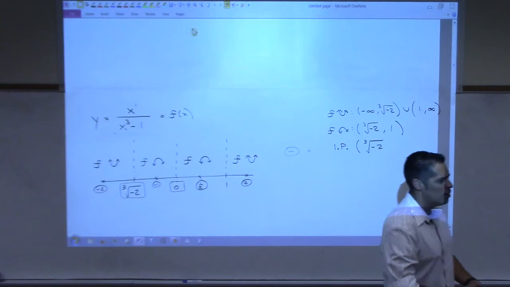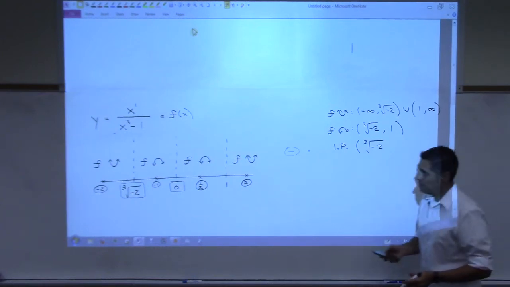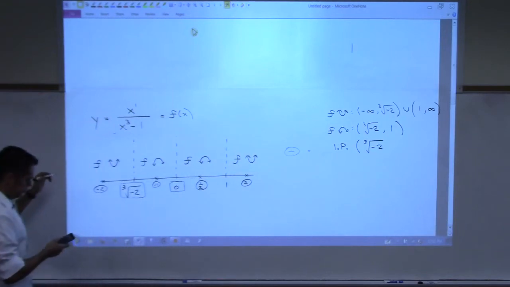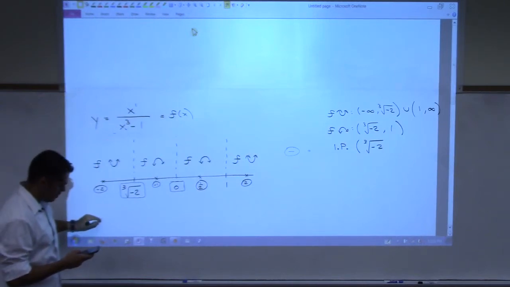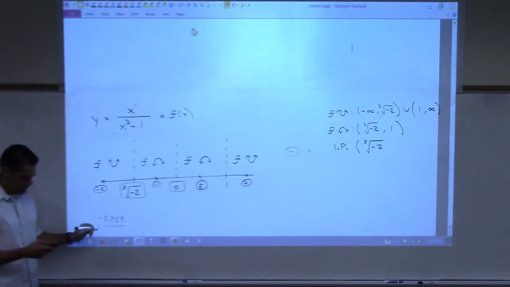So it was what, negative 1.25? Is that what you had? 1.259. So we got to plug that into this right here. So cube it, subtract 1, and then I'm trusting you can plug numbers in.